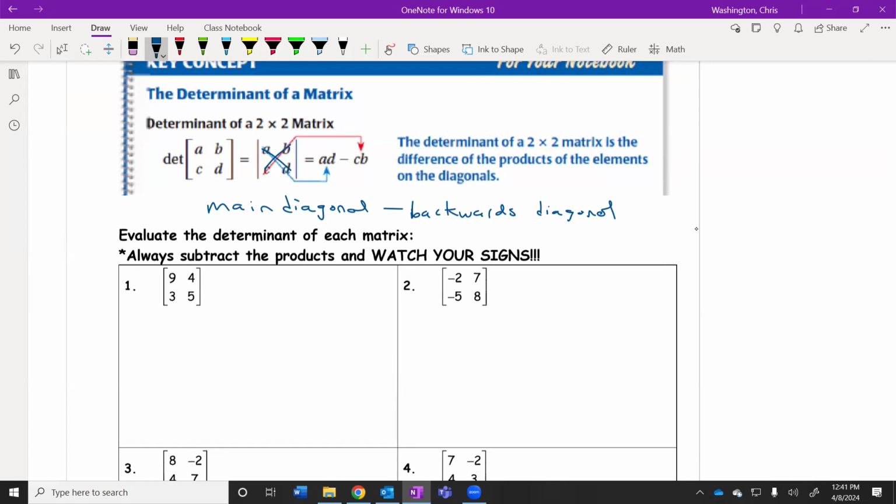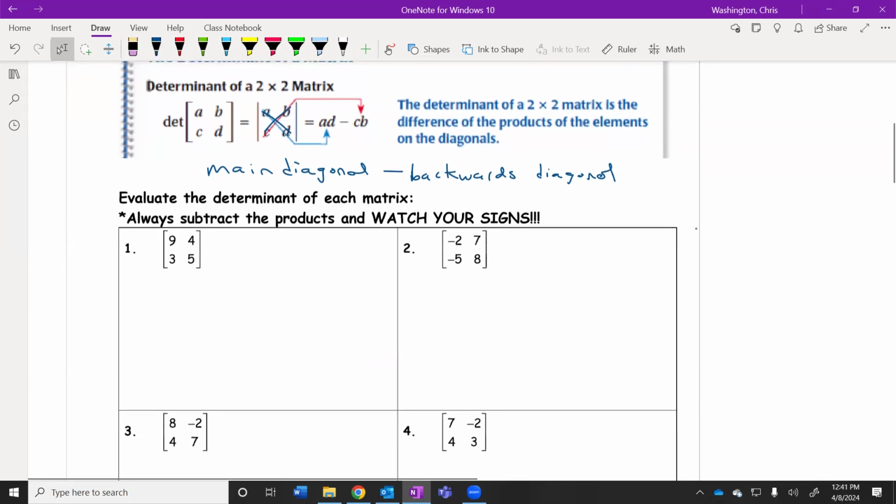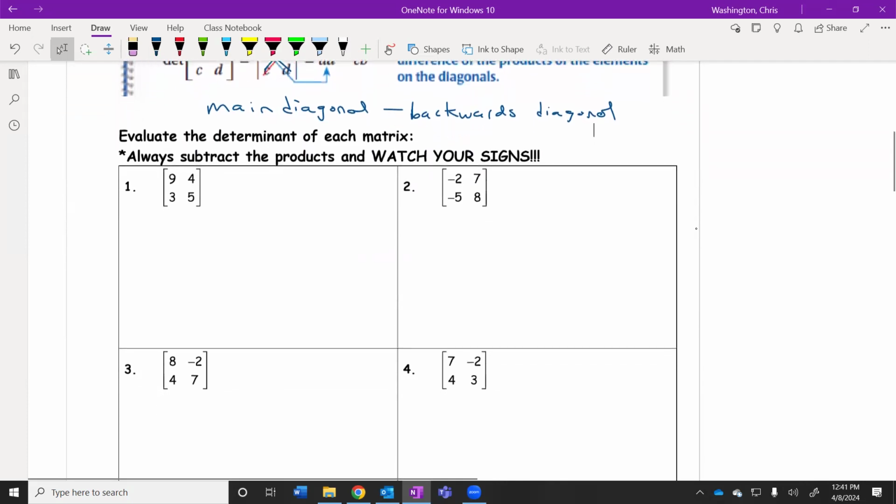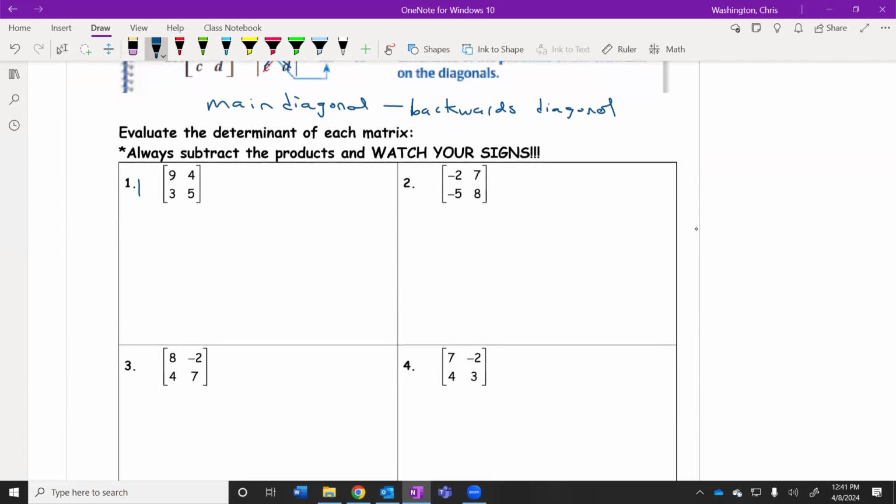So how do we determine this thing called the determinant? Well, really, it's not super complicated. If we let that matrix in number 1 be A, we want to find what we would call the determinant of A, or we can write it using what looks like the absolute value bars.